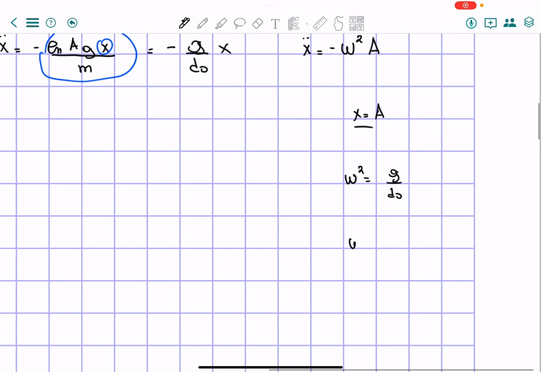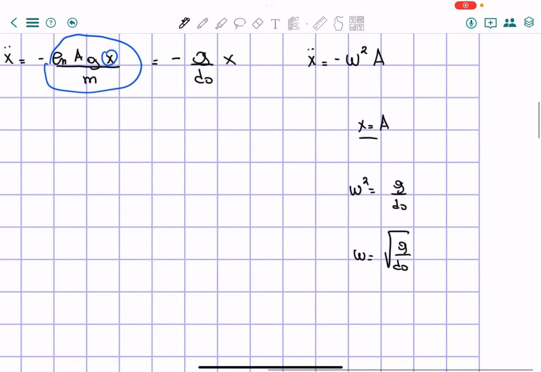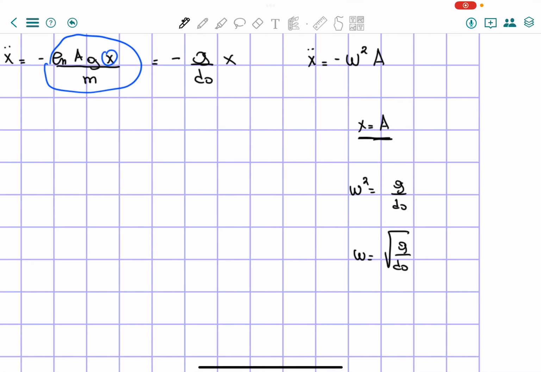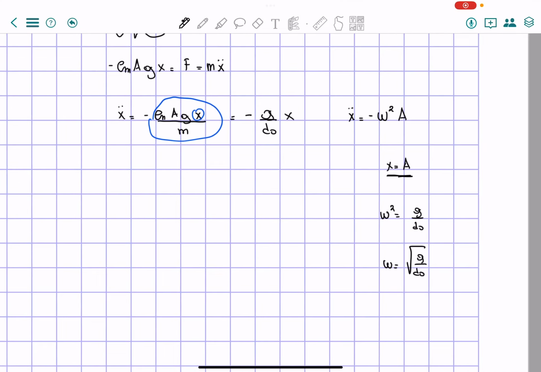So the angular velocity is actually going to be equal to the square root of g over d naught. And that is how our formula is actually proven right. So we have an acceleration over a distance, and that is our angular velocity. And of course, the amplitude is a, because we said from the beginning that's the amplitude x.